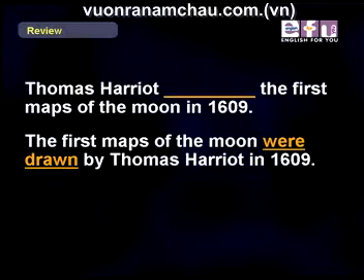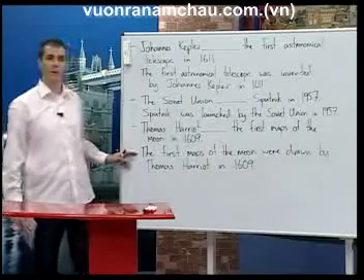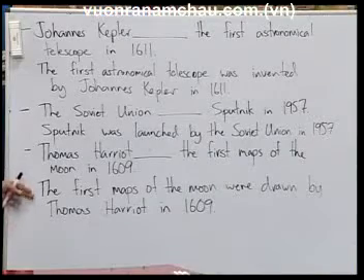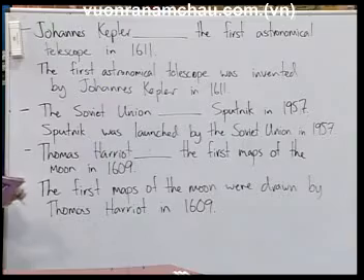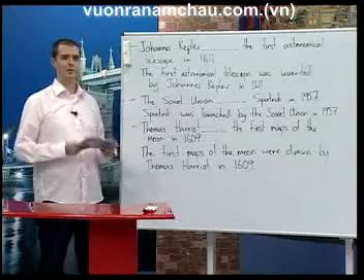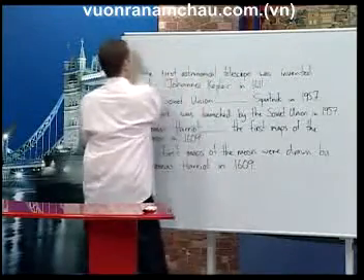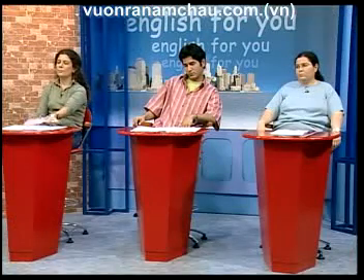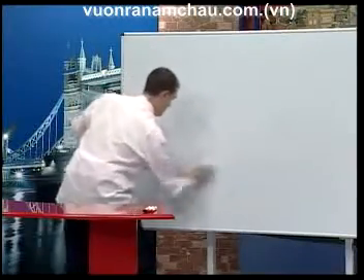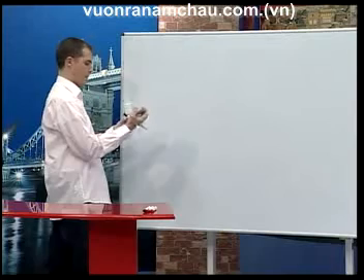The first maps of the moon were drawn by Thomas Harriot in 1609. Excellent job, everybody. Superb job. Let's do another exercise, and we'll try something new this time. I'll write a sentence, and there'll be a mistake in the sentence, and you have to find the mistake and then correct it.